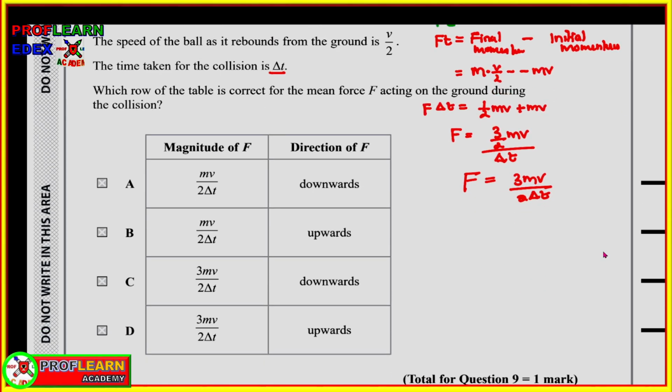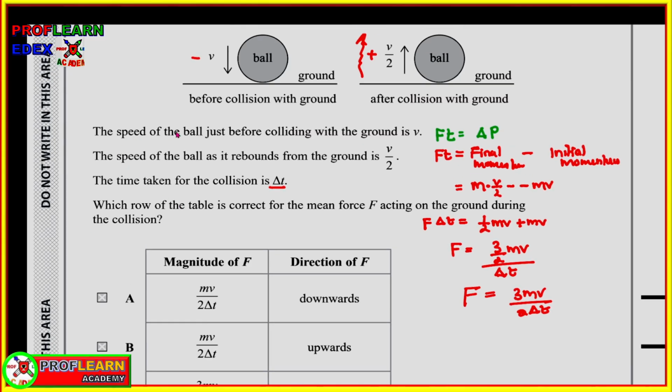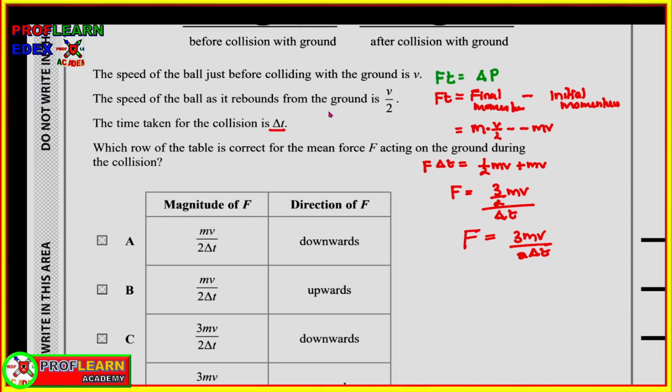But you can see now, the force will be acting in which direction? All right, so let's read it again. The speed of the ball just before colliding is v, and the speed of the ball as it rebounds is v/2.